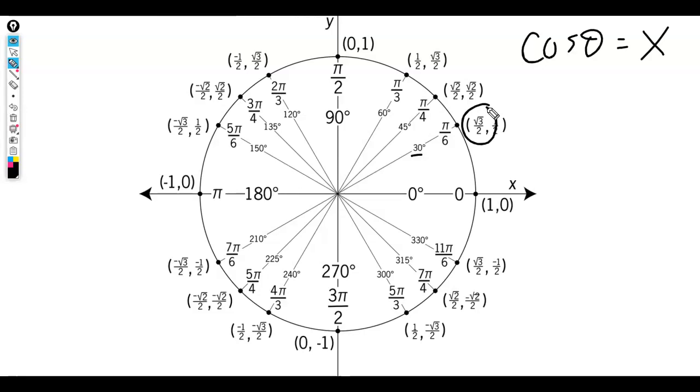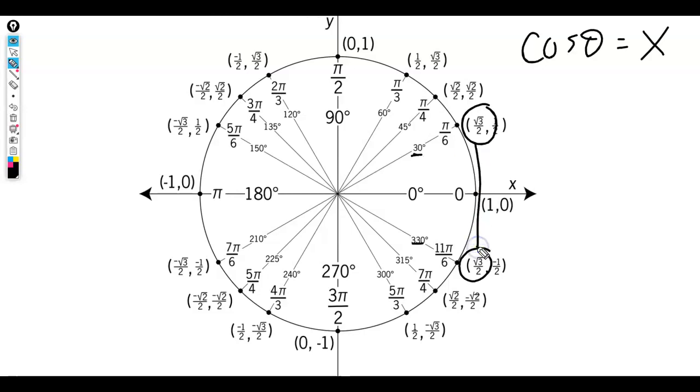Where else is that located? Give you guys a chance to look around there. I don't know if you guys noticed, but it's right here. Those 2 points where we have a 330-degree angle and a 30-degree angle, they both have the same x coordinate. They're both radical 3 over 2.